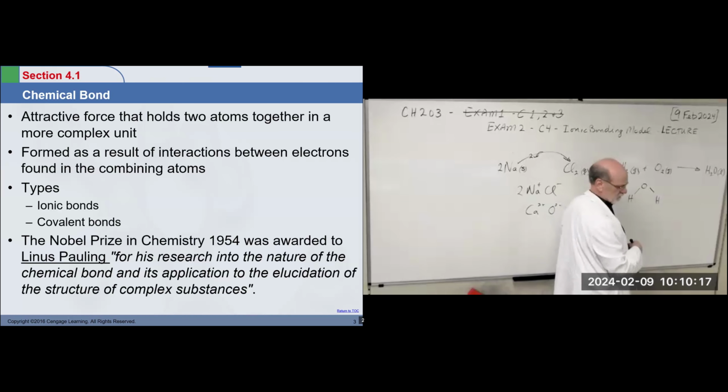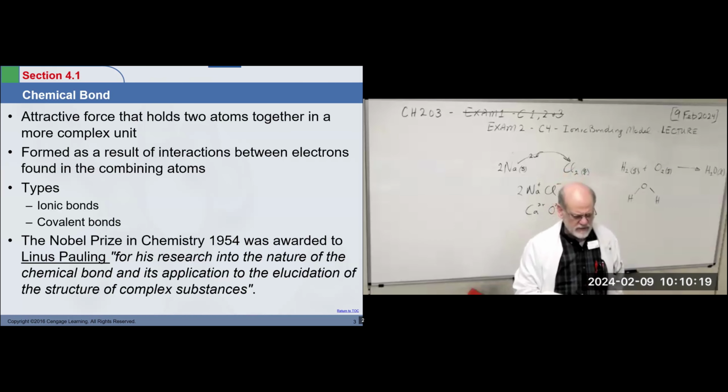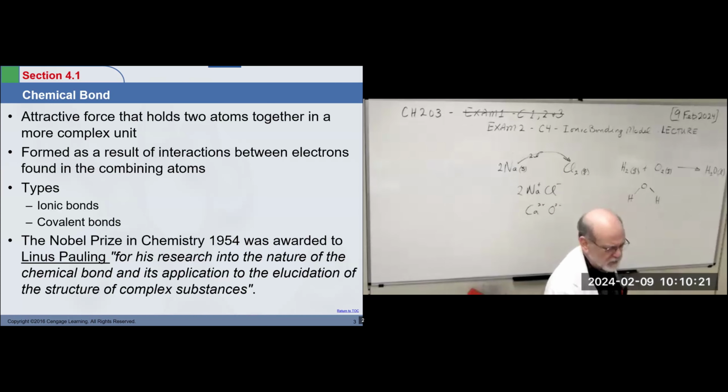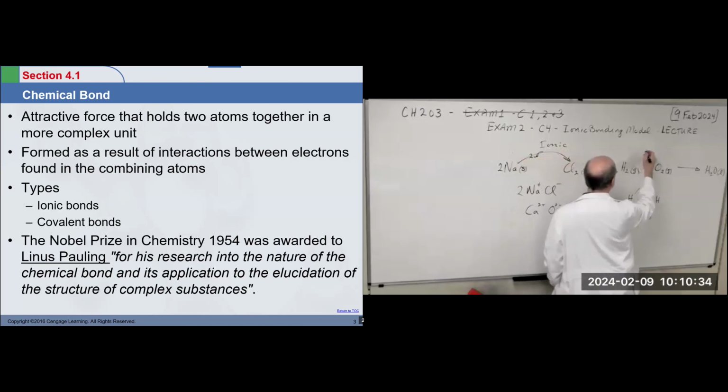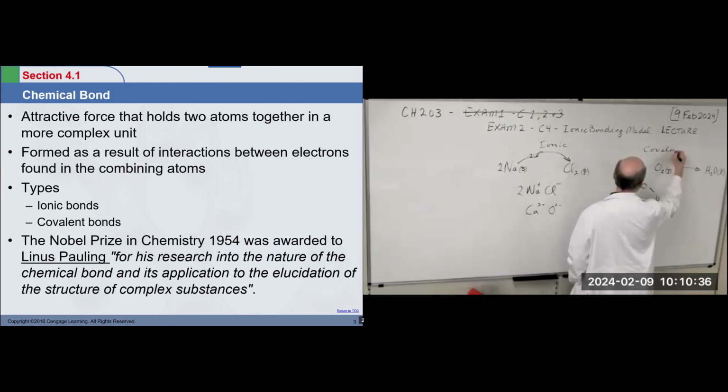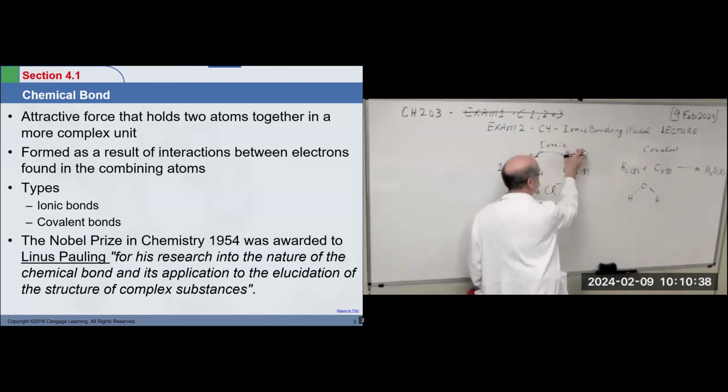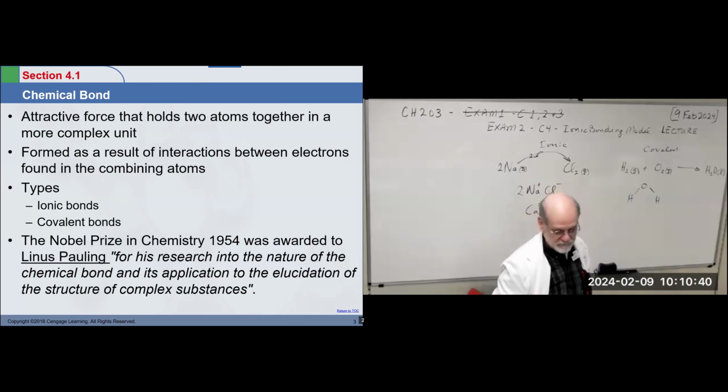So we haven't balanced equations yet, have we? No, good. That's not balanced, but we will learn how to balance these equations later. So we got two types of bonds. We got the ionic bond, and we got the covalent bond: sharing, versus complete transfer of electrons.